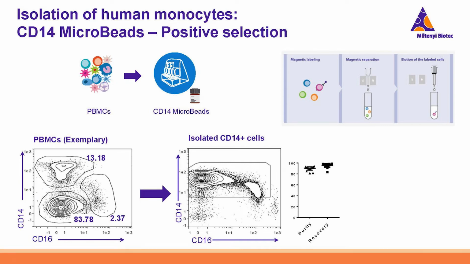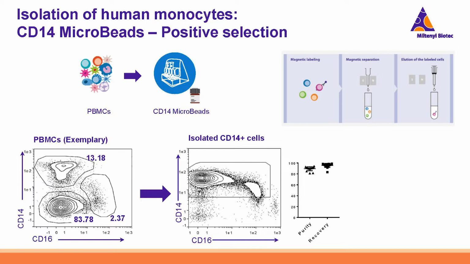And in this slide, you observe the isolation of monocytes from human PBMCs using CD14 microbeads, which is a positive isolation method. Positive selection means that during separation, monocytes are magnetically labeled and retained within the column, while unlabeled cells flow through.